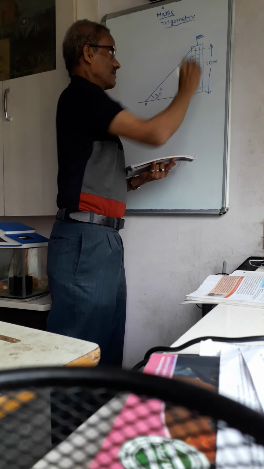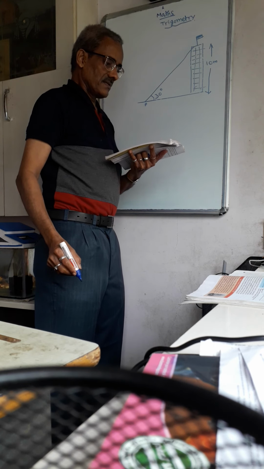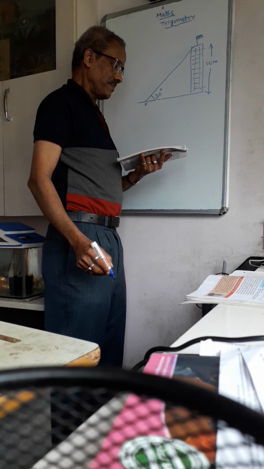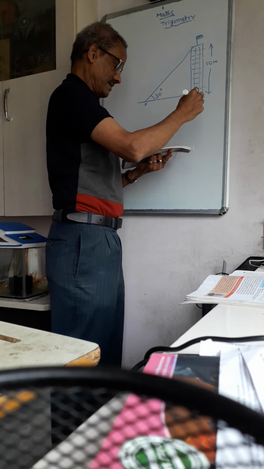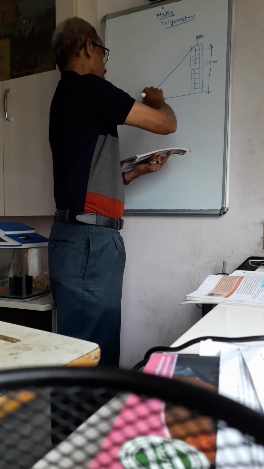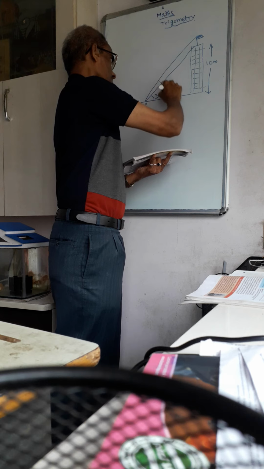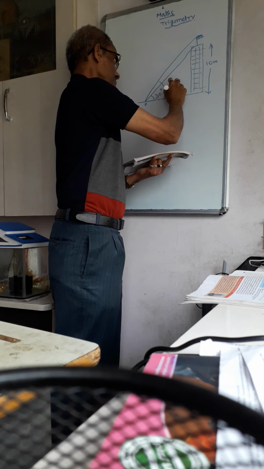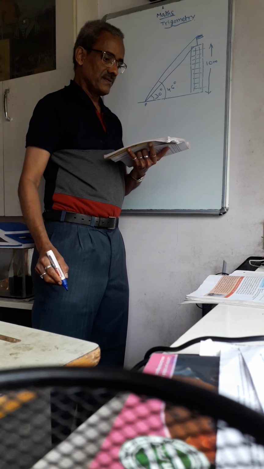The angle of elevation of the top of the flag staff from point P is 45 degrees. Find the length of the flag staff.